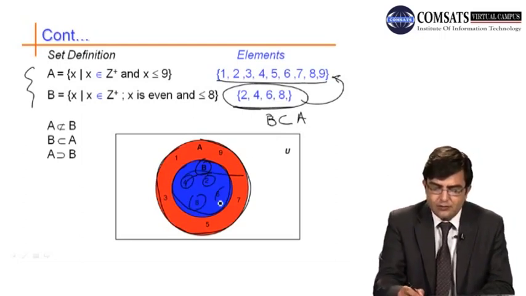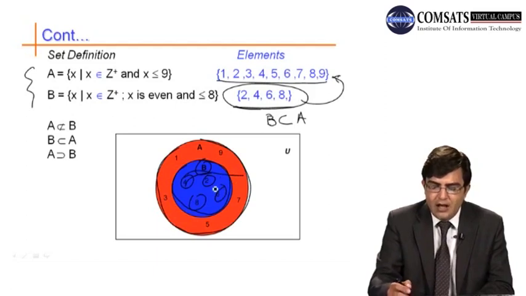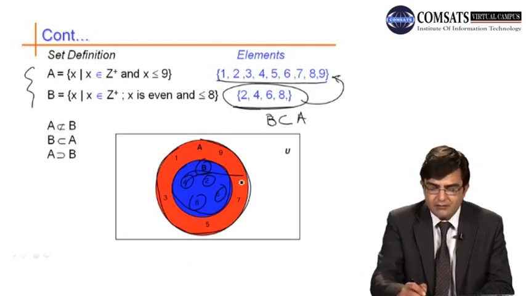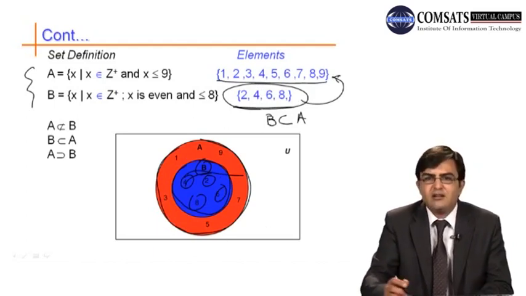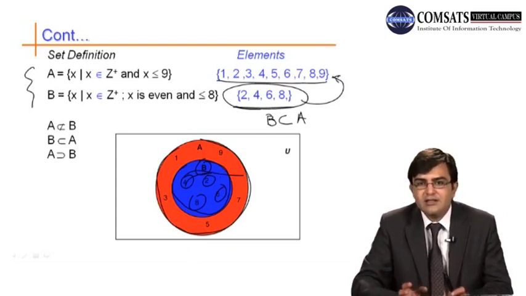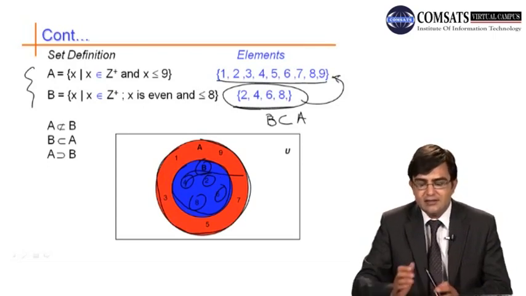Outside of B we write those elements which are in A but not in B: 1, 3, 5, 7, 9. We can write them anywhere in A but not in the circle of B. So this is how we construct the Venn diagram in which one set contains the other set.